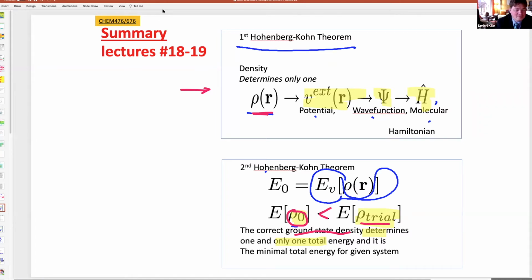It's showing the energy of the... Actually, E means energy and rho is the density. So it shows for 0, that means it shows the density of the ground state density. Yeah.